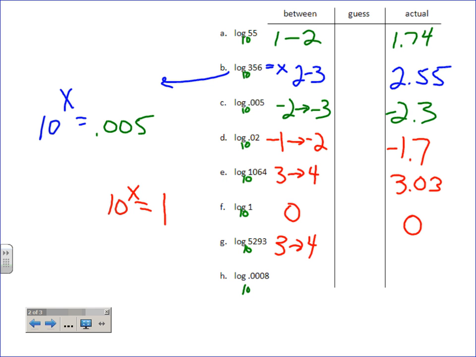Now what we can do is kind of compare these two, right? This one was very close to 1,000 and it was 3.03. This one it's between the 1,000 and 10,000, about, it's not really halfway, but it is past halfway. And -3 and -4 for this one. -3.1.